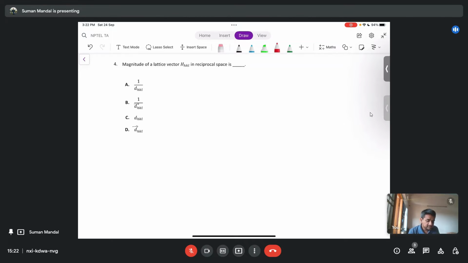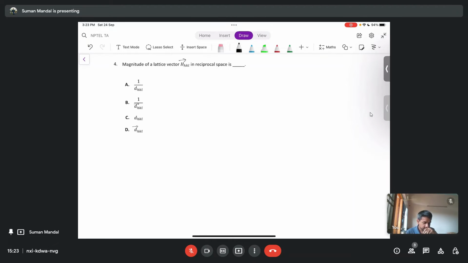In this case, the reciprocal lattice vector is denoted by this capital H value, which is a vector in the reciprocal space, and what is its magnitude? 1 by DHKL, or DHKL? The first one is just the scalar value. B and D are the vectorial values. Which of these is the correct answer?